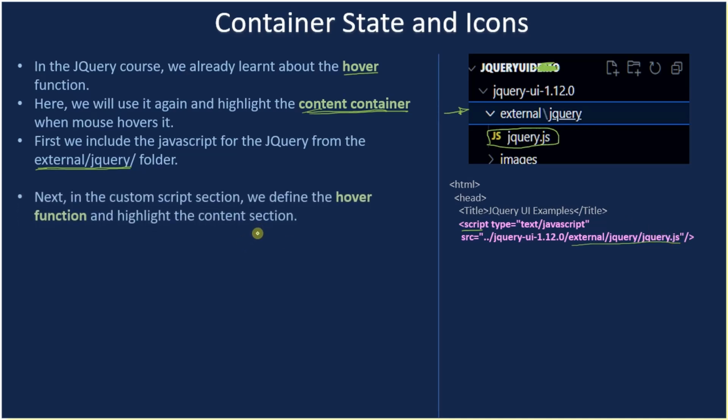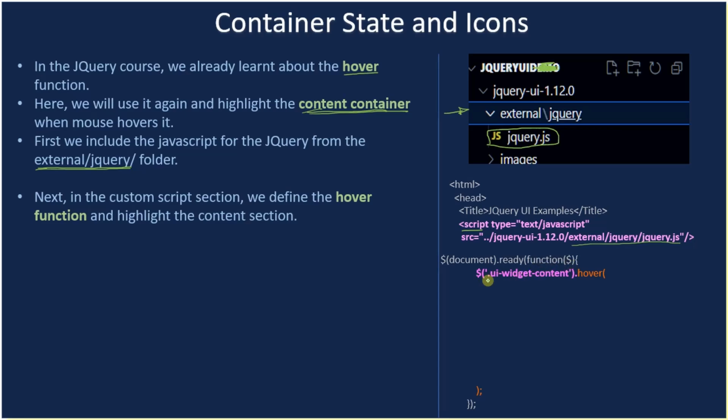Next, in the custom script section, we define the hover function and highlight the content section. Document.ready is not a jQuery UI API, it is from jQuery. So what we learned previously, the same stuff, only here we are accessing $(document).ready, and to document ready we are writing the handler function.